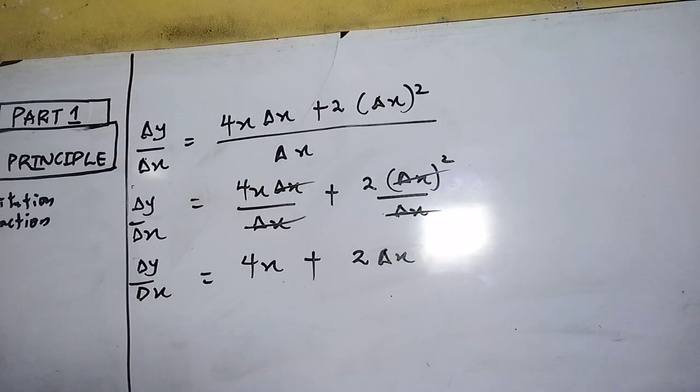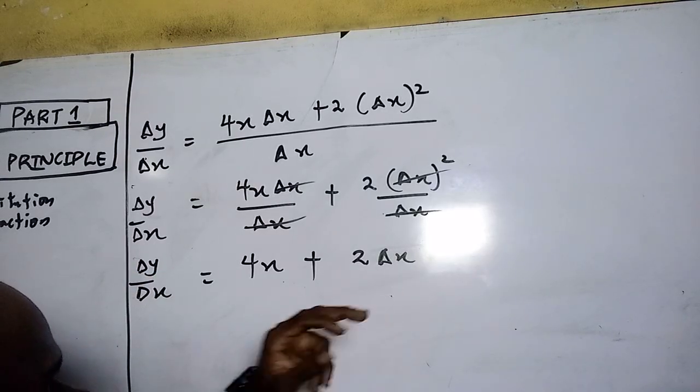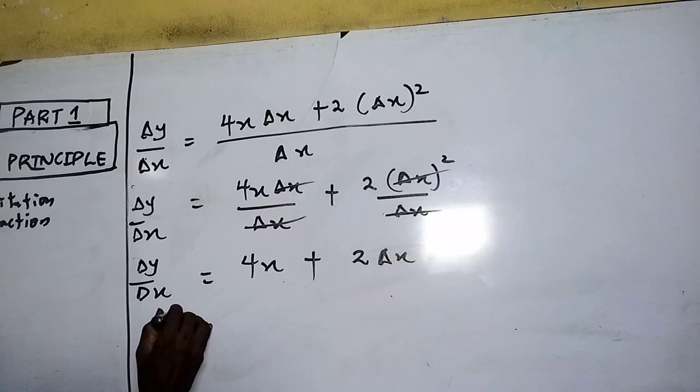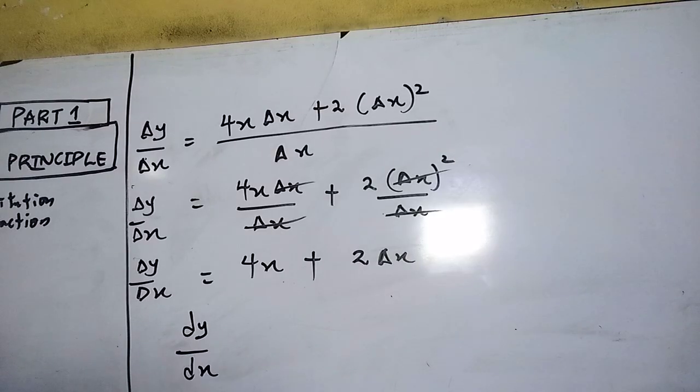So the next thing to do now is to limit dx to 0 here to have our normal dy on dx.